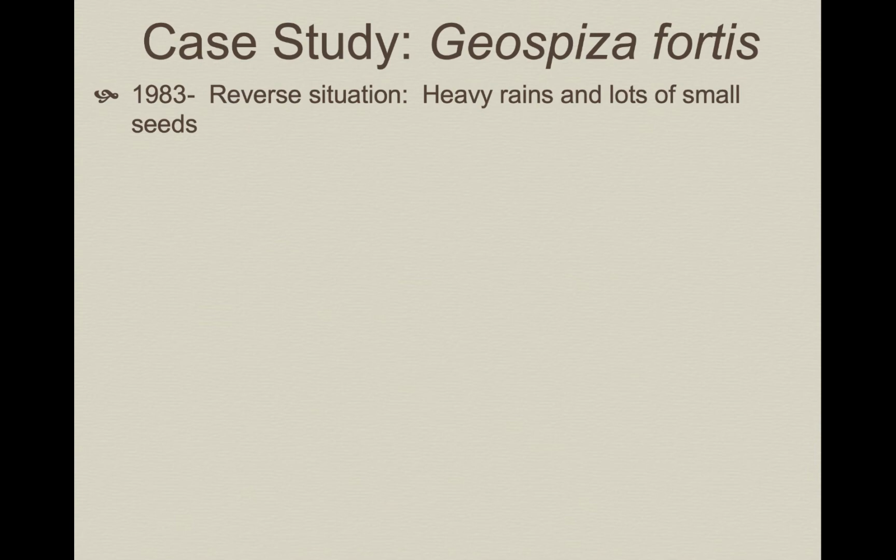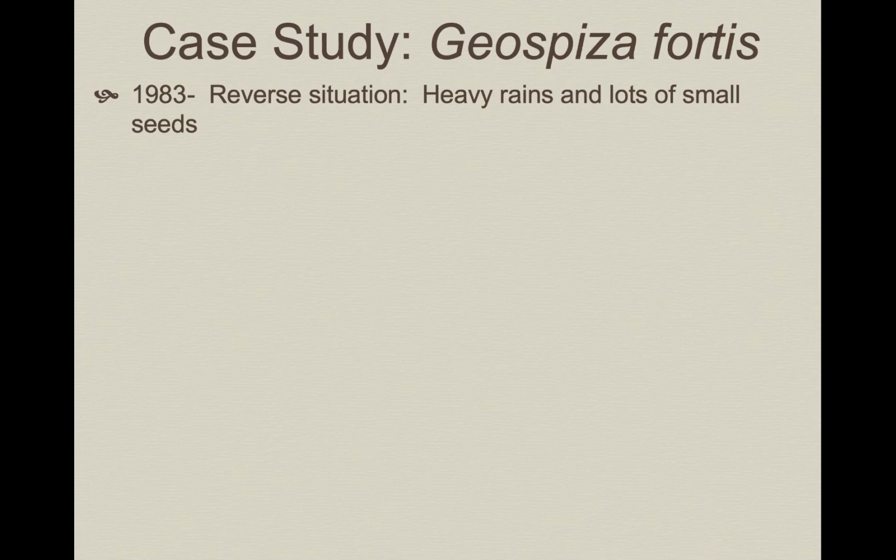But there's an even better demonstration that it's not just something to do with big bills that is always an advantage. An advantage of doing a long-term study is that sometimes the environment changes such that what was formerly an adaptive trait is no longer adaptive. So in 1983, the reverse situation happened.